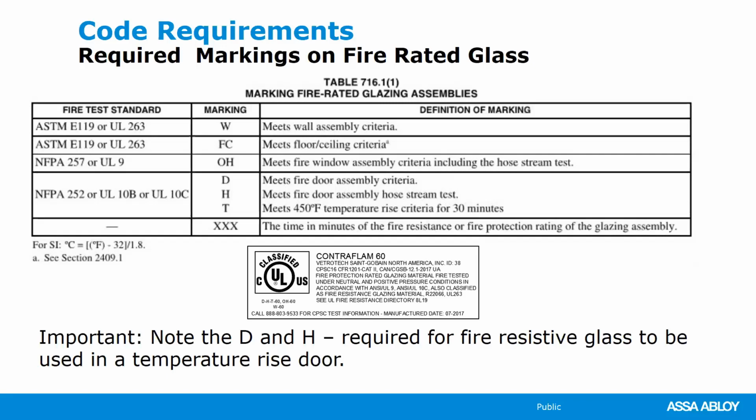And you can see on the left the test standards that are required for fire resistive products, and then the fire test standards that are used for fire protective products. The ASTM E119 and UL 263 are the fire resistive test standards, and you can see the markings that are different between the two different types of glass, fire protective and fire resistive.